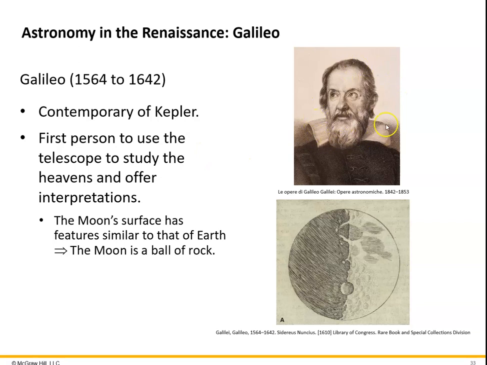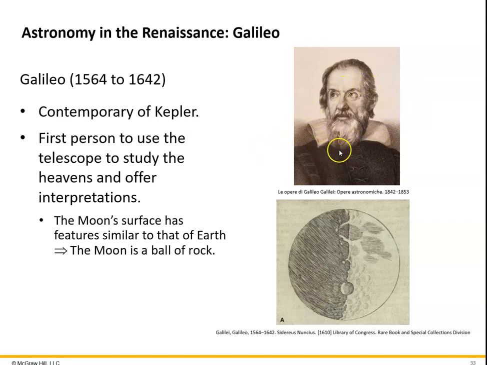What we know about Galileo is that he was first of all very, very famous within his own time. Kepler, not so much. The stuff that Kepler discovered was shared among educated people of the time, but it didn't really go any further than that.